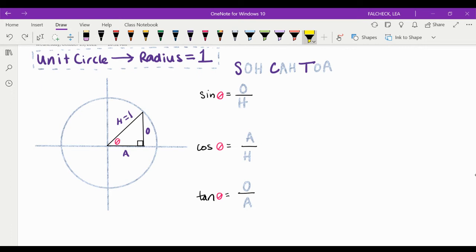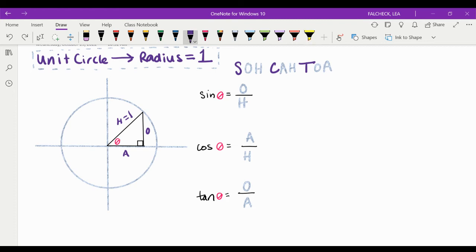Sine of theta is equal to opposite over hypotenuse. Theta is the angle I use in order to refer to the sides of the triangle. Across from theta, I have opposite. And the hypotenuse is always going to be the radius, or this little piece here, which is 1.